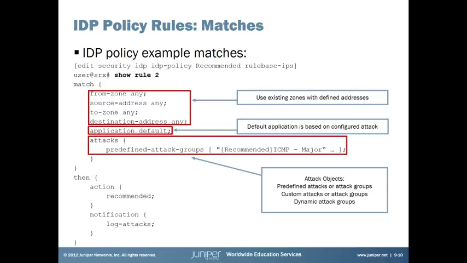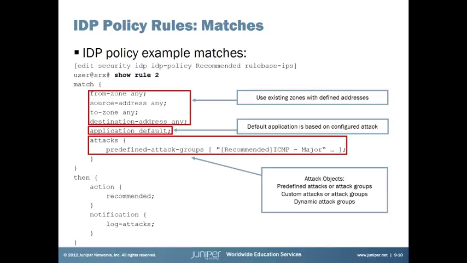Then there's an action. In this case, the action is recommended. So what does that mean? Essentially, the database itself, the signature database or the attack database, contains information about different types of attacks. It contains the signature for what that attack looks like, but it also contains a recommended action that should be taken in the event that that type of attack is going on.